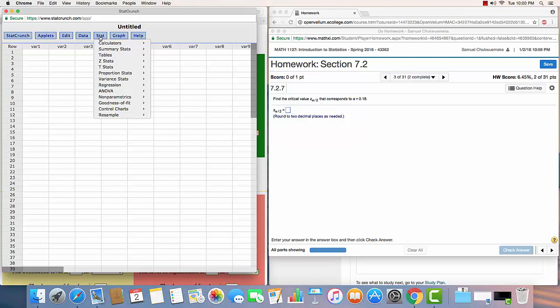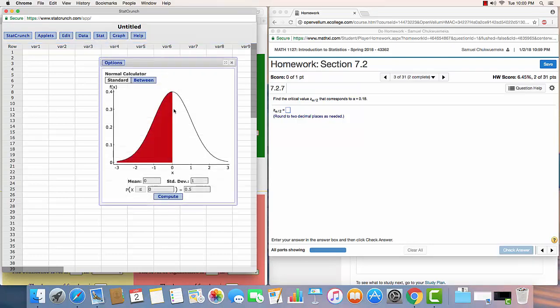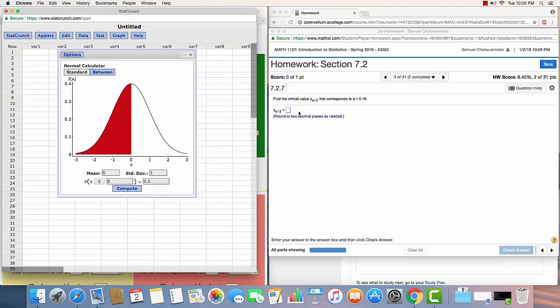So go to Stats, go to Calculators, go to Normal Distribution, and critical value corresponds to alpha over 2. So first you do this level of significance divided by 2. 0.18 divided by 2 is 0.09.